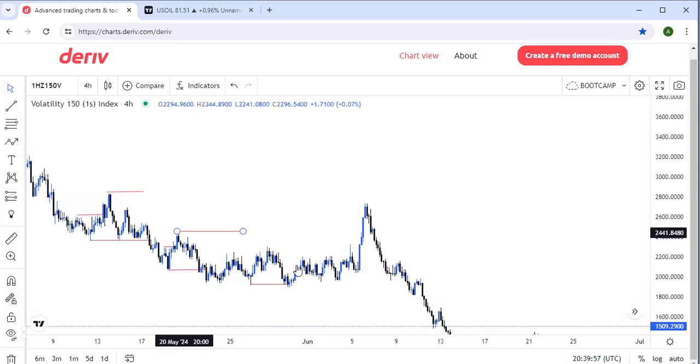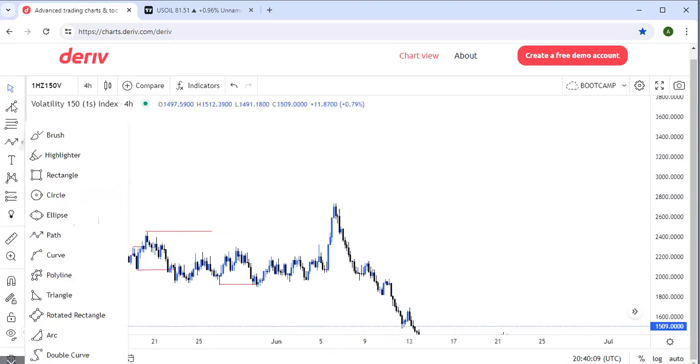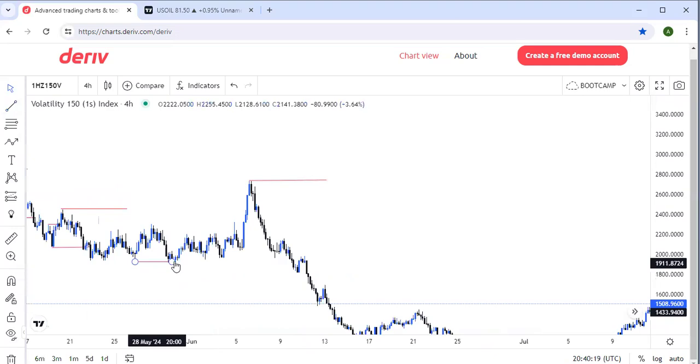Since we are working with H4, we would have said this is a break of structure to the upside, but you see price didn't hold. If you trade H4 alone, price did hold that. So we have this high again, this new high. Then this low got taken.